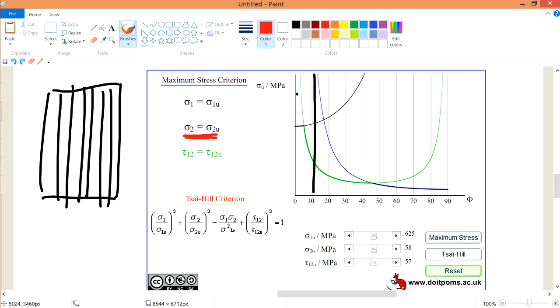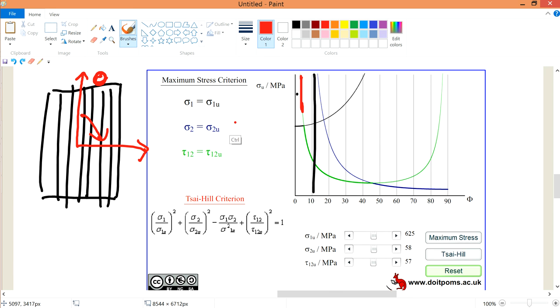Over here, this is for stress 2. Stress 2 is over here in the 0 direction, and it is quite high in this direction. But as you go downwards to 90 degrees, as you can see, it is much weaker. Sorry, it should be the blue color one.